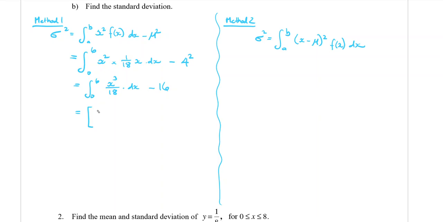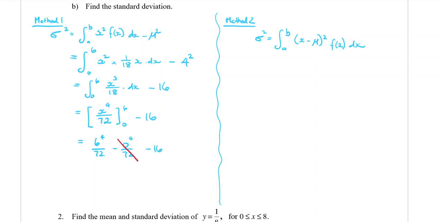All right, ready to integrate. Square brackets. Add 1 to the power is x to the power of 4, with 4 times the 18 on the bottom. 4 18s are 72, between 0 and 6, minus 16. Okay, subbing in, we have 6 to the power of 4 over 72 minus 0 to the power of 4 over 72, minus 16.